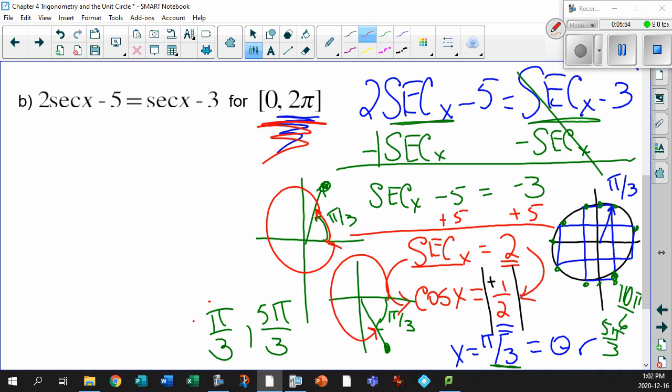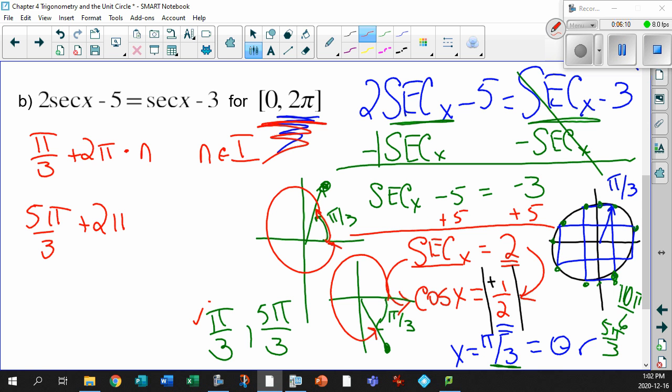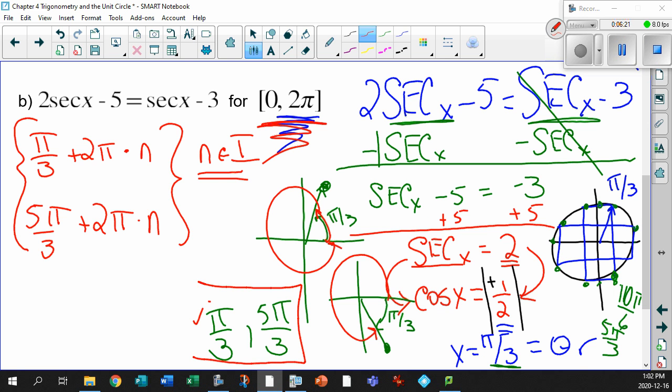So take the first one, pi over 3, and we're going to add multiples of 2 pi, and the multiples, of course, being n, where n is an element of the integers. Or we're going to take the 5 pi over 3, and add multiples of 2 pi, where n is still an element of the integers. So here's the general form for infinite solutions. Here's the actual answer based on that restriction. Got it? Okay.